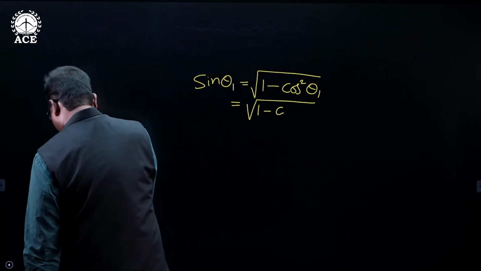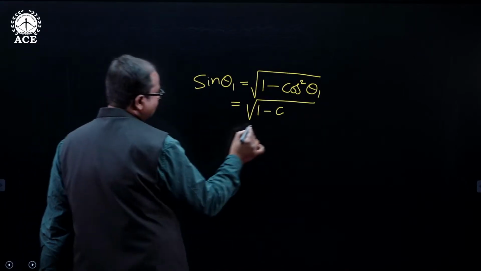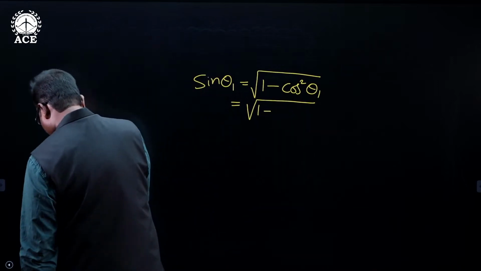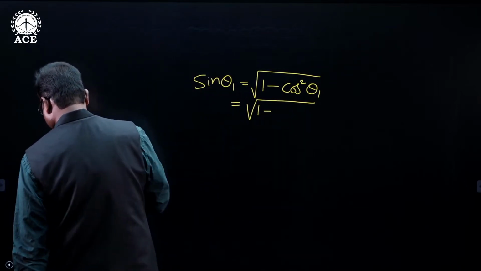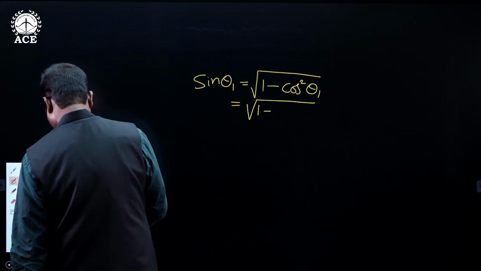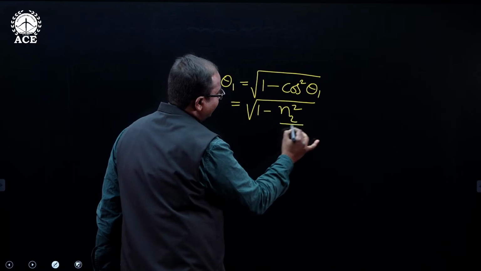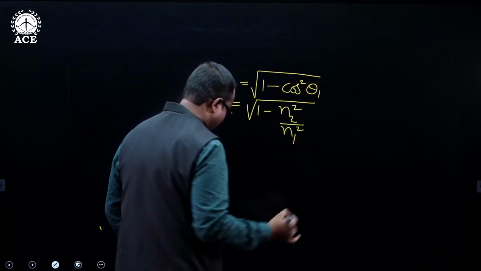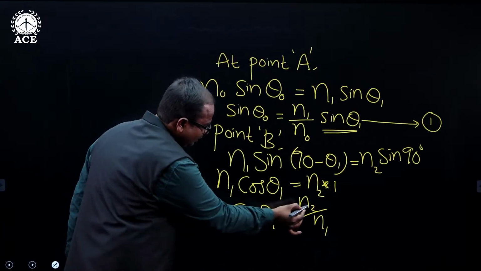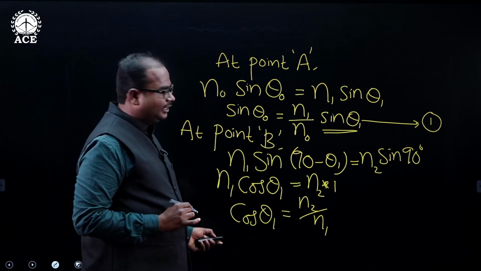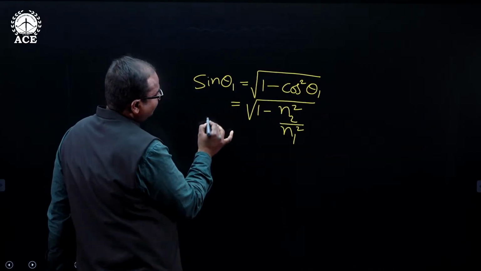That means cos square theta 1 is N2 square by N1 square. So substituting that cos theta value, what will we get?